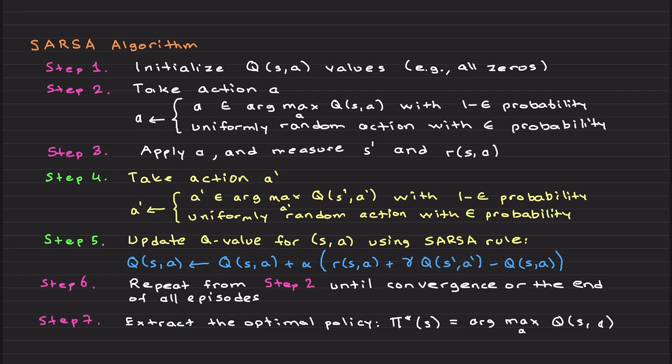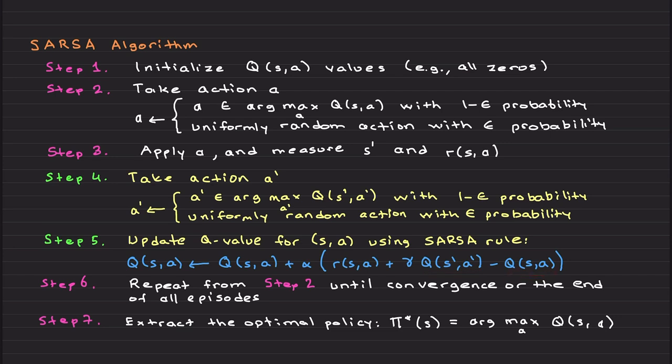Now if you compare this lecture with the previous one, we don't use the max here, we don't look at the row, but we insert the value of A prime here. So we take the action and then find its value, minus Q(S, A).